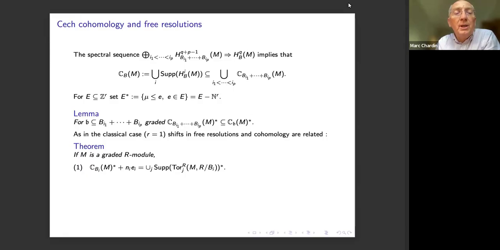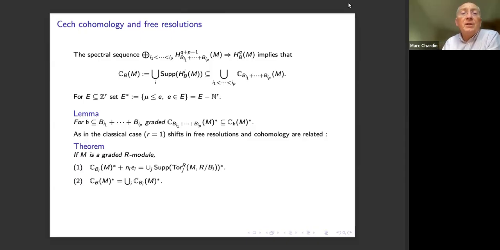The support of the cohomology with respect to B_i of M, if you shift by the number of variables times the corresponding degree of this variable, is just equal to the support of the torus corresponding to R modulo B_i. Okay. So this is essentially saying that degree by degree, you use a classical thing about regularity with respect to one set of variables. Okay. So this is not so difficult to prove and not so original compared to the single grading case.